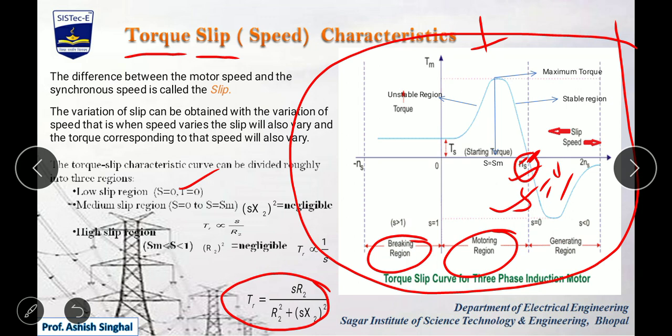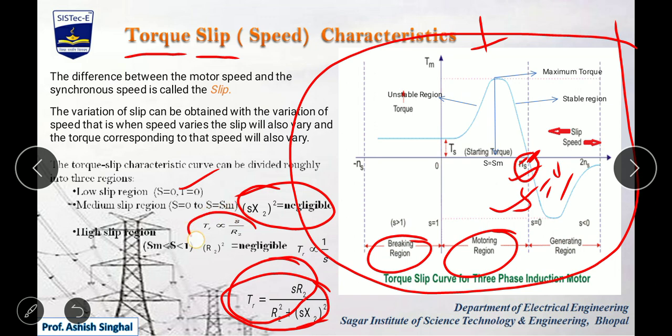Now come to the medium slip region. In the medium slip region, the value of slip is small. So the term sx2 square will be negligible or small. When it is small or negligible, the total value can be calculated by this formula, that is S upon R2.